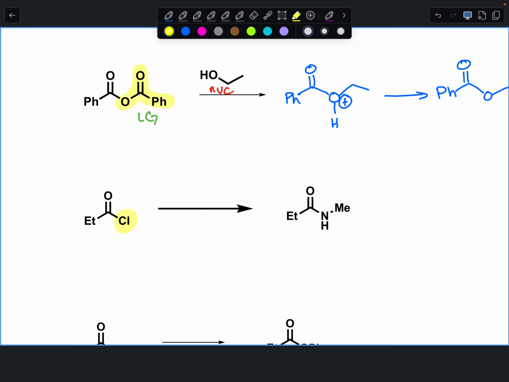What'd you say? 50. Okay, that is really, really high. Does anybody know what water is? 15.7. So that means that typically an sp3 hybridized carbon is 10 to the 34.3 times less acidic. That is a crap load less acidic, right?